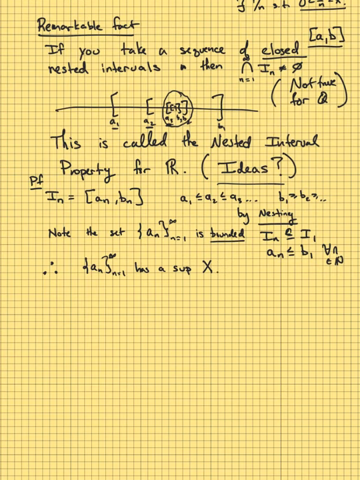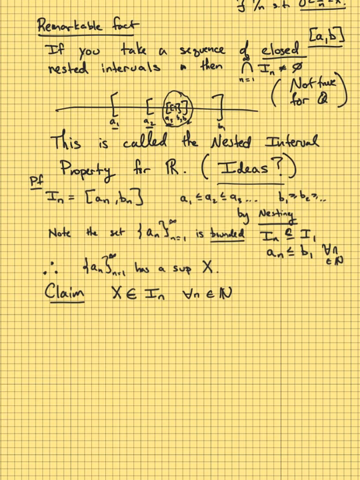So what it should be is just the sup of those elements. Okay? And what we want to show now, so the claim is that this works. Okay? So we need to show that it's in the intersection, which means that we have to show that it's in the nth interval for all n in N.